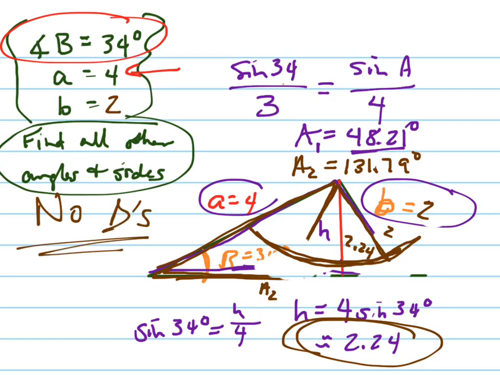So in that case, there would be no triangles. You would say no triangles. And what if they told you that B was, let's say, 5?